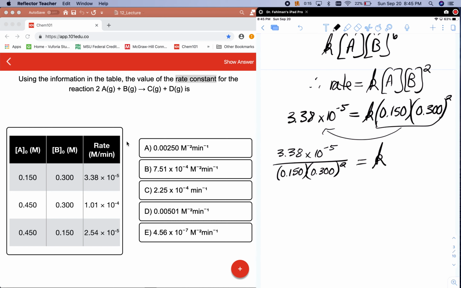So I get k is 2.50 times 10 to the minus 3.